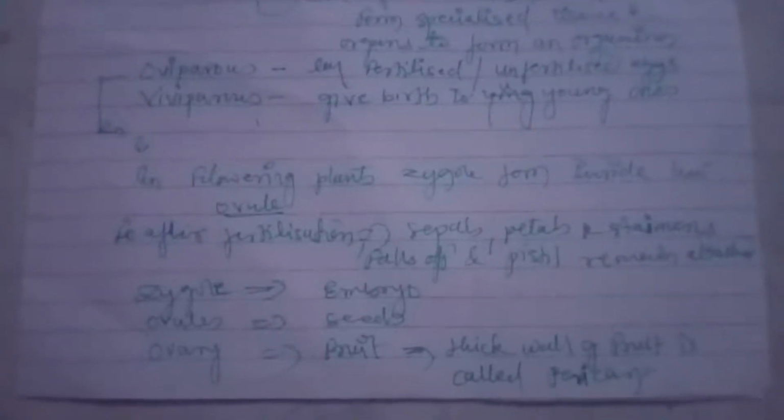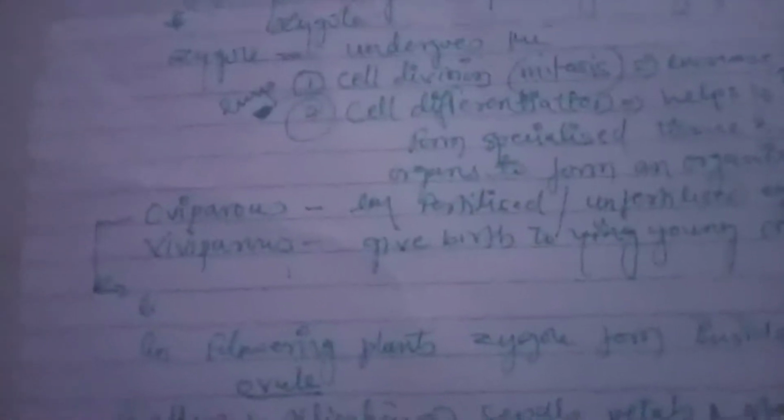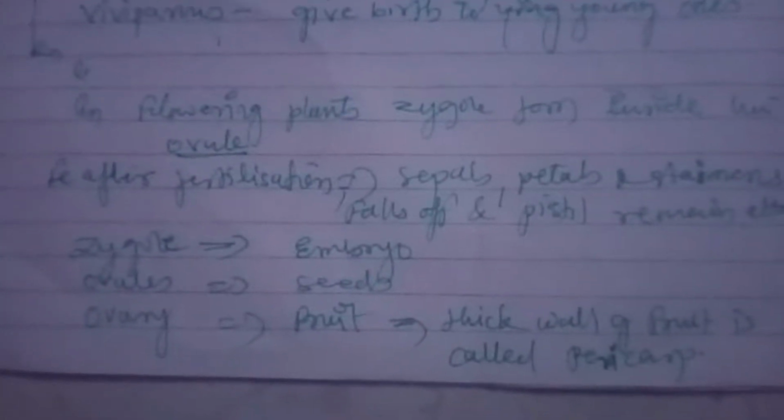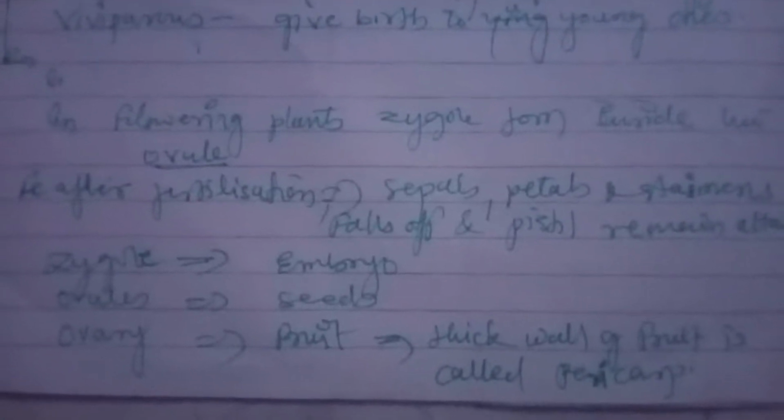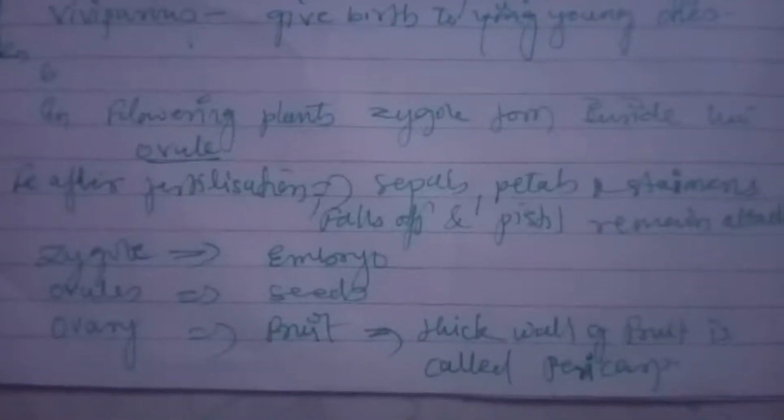After fertilization, what happens? In the previous year, what did we study regarding the morphology of flowering plants? We studied accessory organs and reproductive organs. Accessory organs are sepals and petals. Reproductive organs are androecium and gynoecium. Another name for androecium is stamen, and for gynoecium it is pistil.